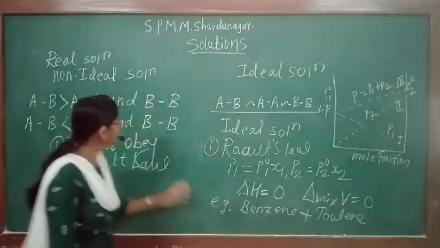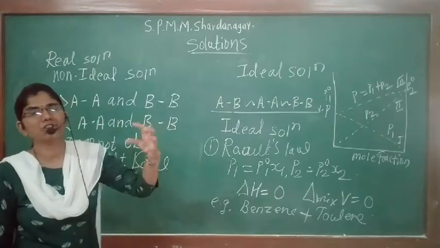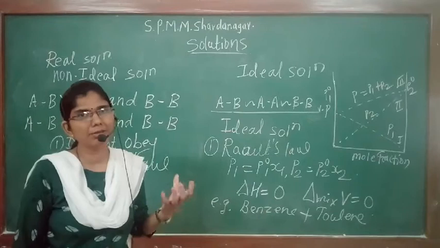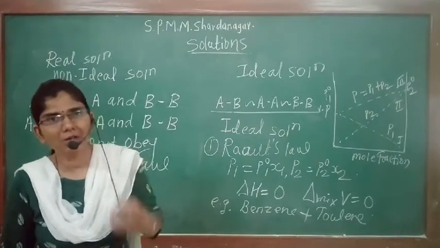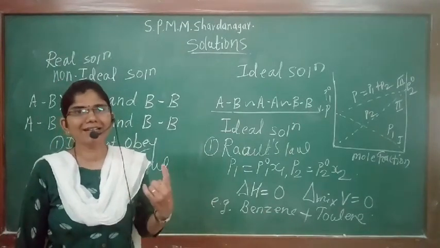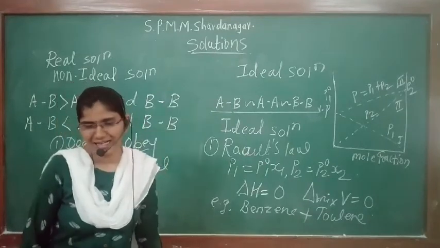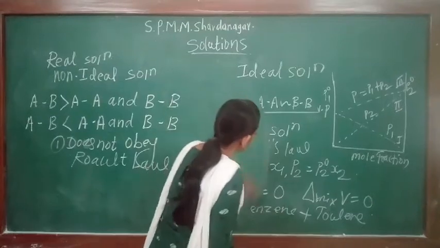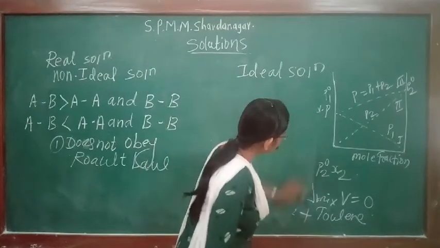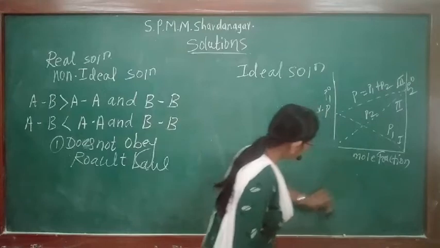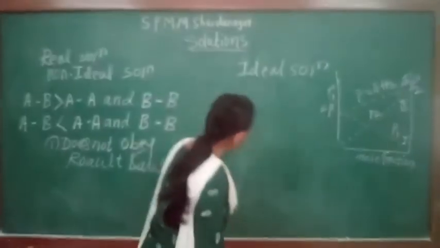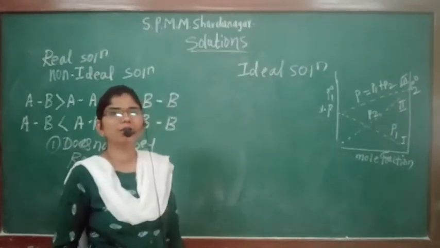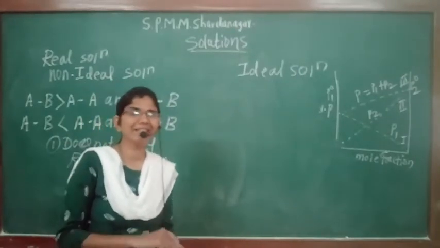So there is deviation because it does not obey Raoult's law, and therefore two cases arise for a non-ideal solution. P1 is not equal to P01 x1; it is higher or lower.